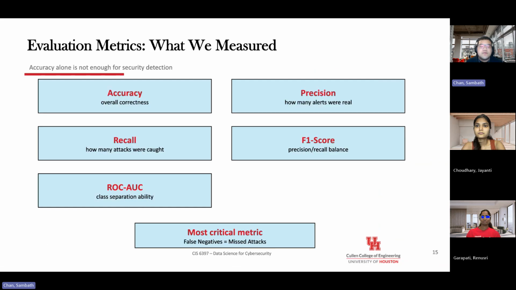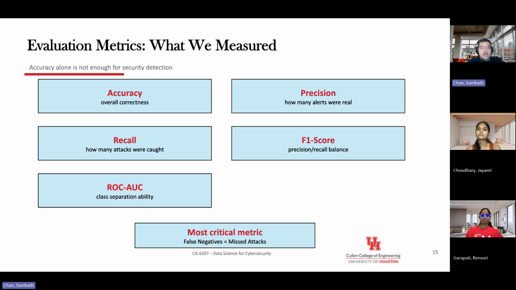Accuracy shows overall correctness, but it is not enough for security tasks. Precision tells us how many alerts are actually real attacks. But recall is very important because it measures how many attacks we successfully detect.